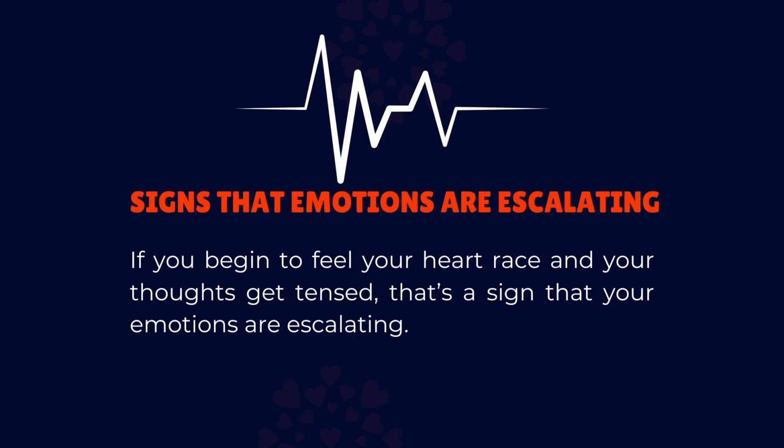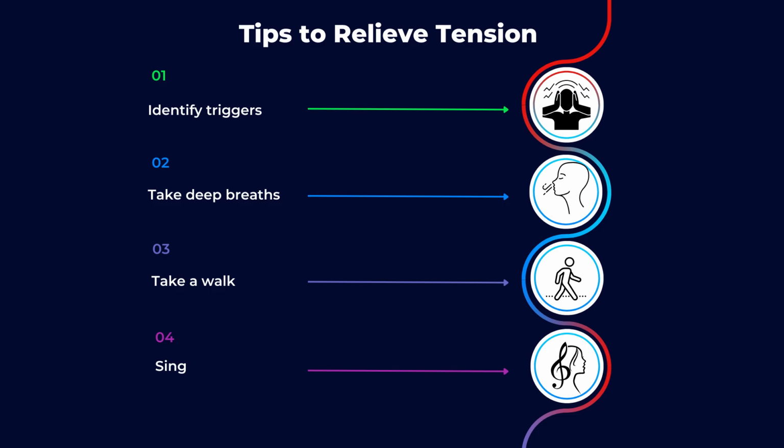By noticing these signs early, you can take steps to calm yourself down before your feelings become overwhelming. Take deep breaths. You can take a walk. For some persons, you end up singing. Anything at all that will make you feel calm and not lead you to act irrationally would help and show that you are emotionally intelligent.